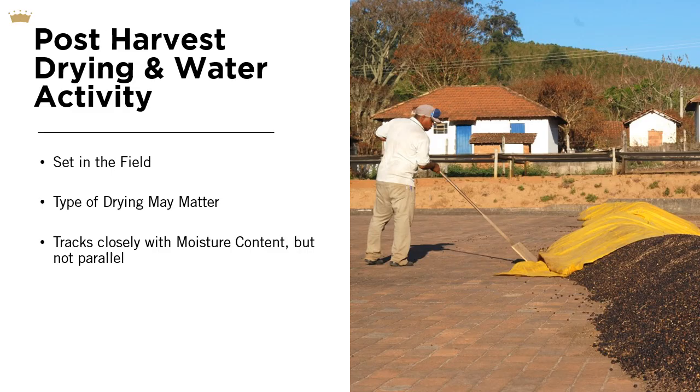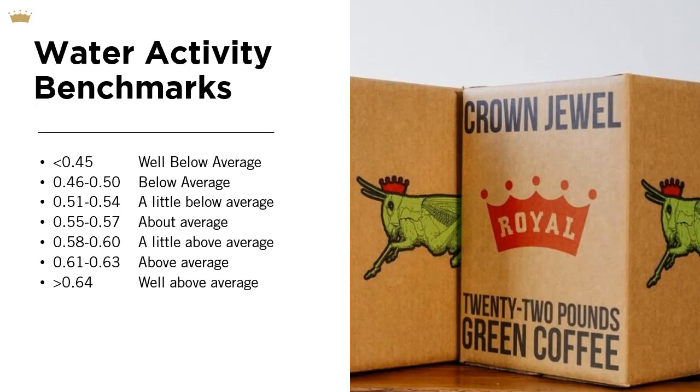And the consequence of that is that it reduces the coffee's shelf life, quality, and perhaps even causes potential health risks. Just like with moisture content, water activity, I've begun to denote a number of benchmarks across many coffees over a long period of time.